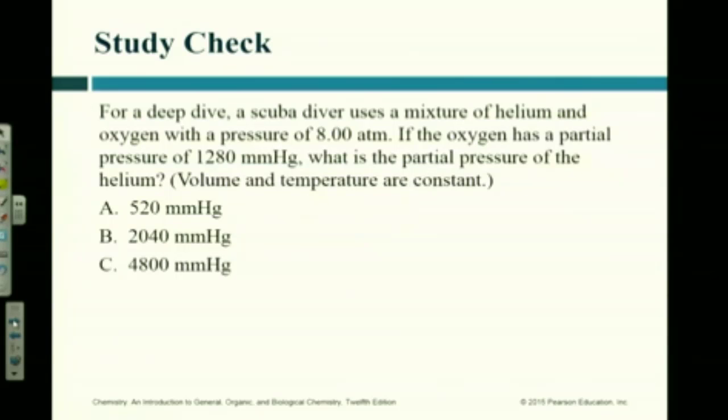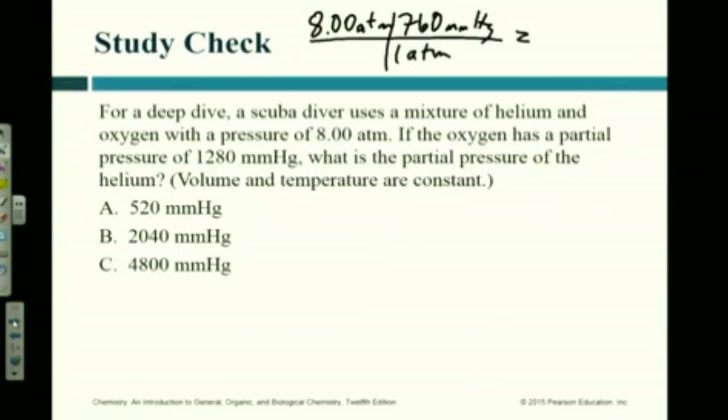So we have what? How many millimeters of mercury is that? I can't do that in my head. What's 8 times 760? 6,080. So that's the total pressure, right?